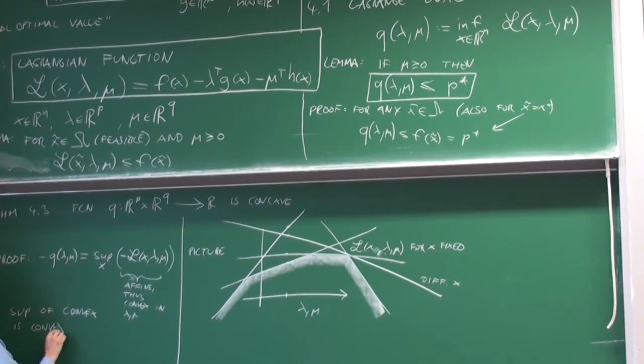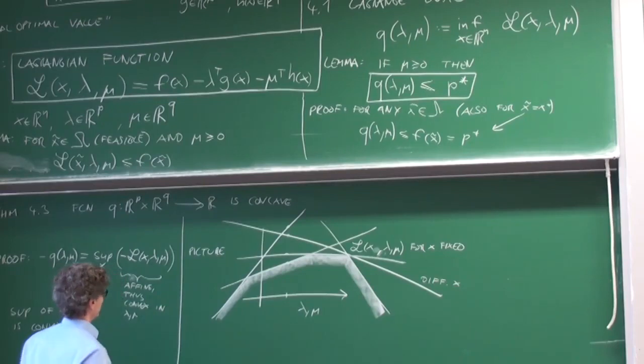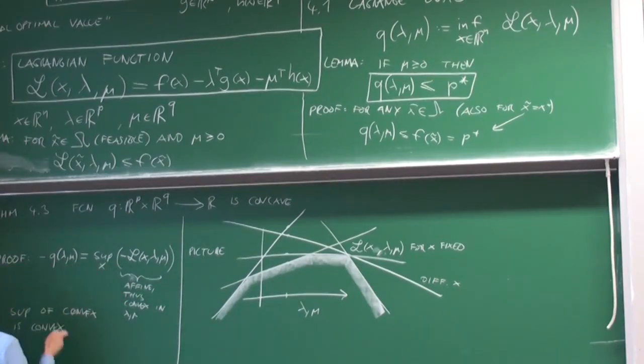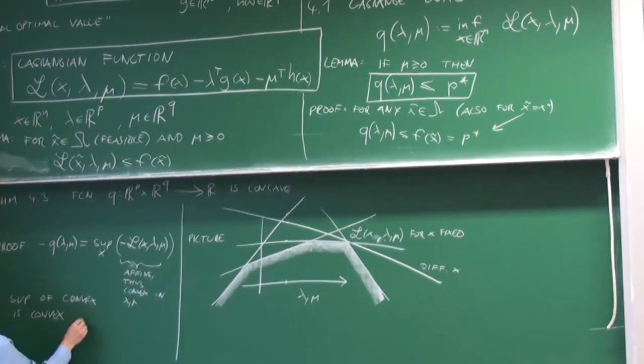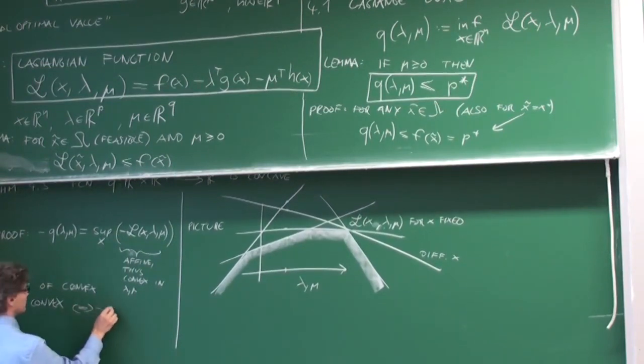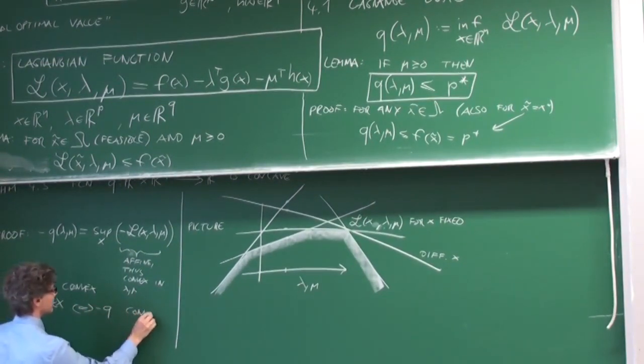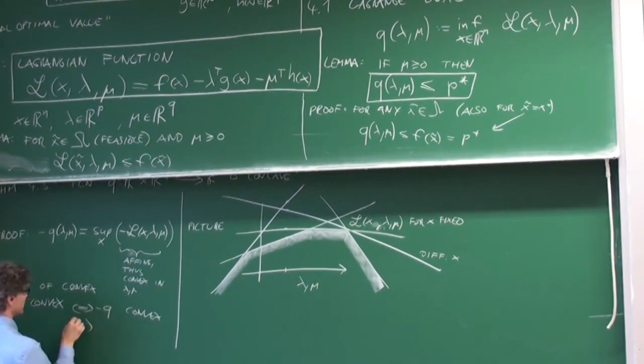That's something we have actually proven last time by the intersection of epigraphs. So minus q is convex, which means that q is concave.